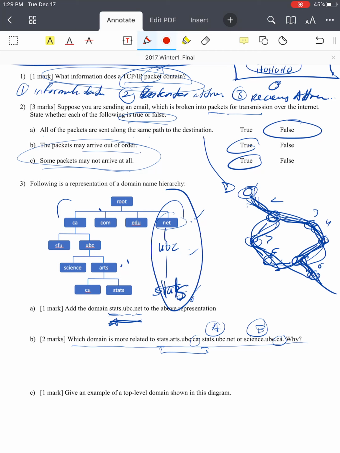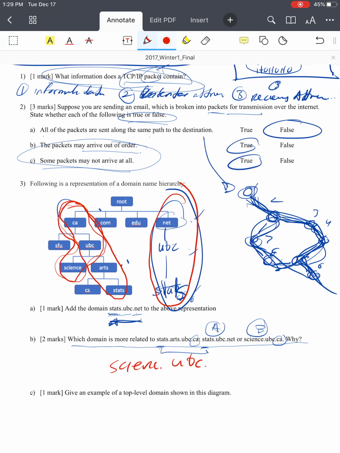Okay, science, you say CA, UBC, science, and then CA, UBC, arts, stats. So these seem to have more in common than this one all by itself. So that's why I would write science.ubc.ca.